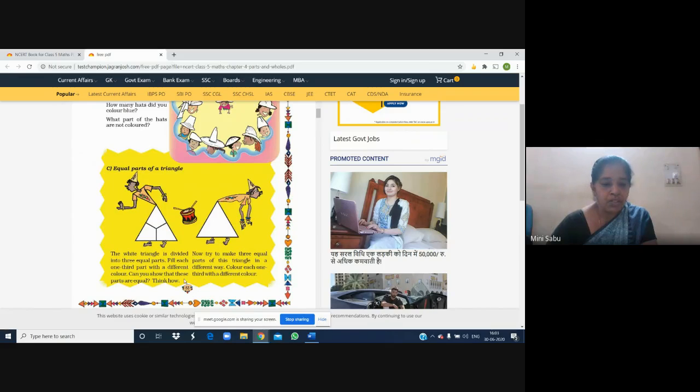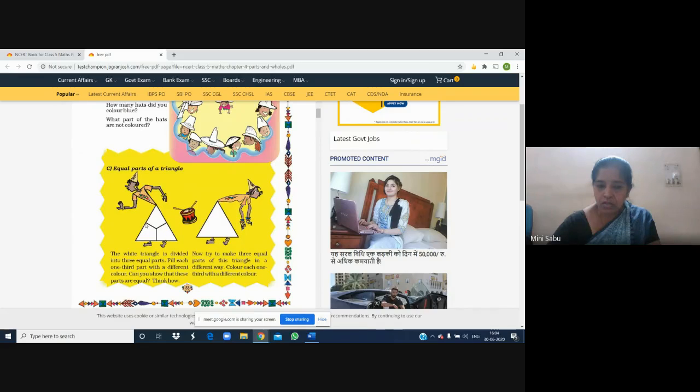Can you show that these parts are equal? Think how. Okay, then color this part with a color, this with a color, this with a color. For example, if you color this with red, this with yellow, this with blue, different colors. Then there is a question, how do you show that these parts are equal?